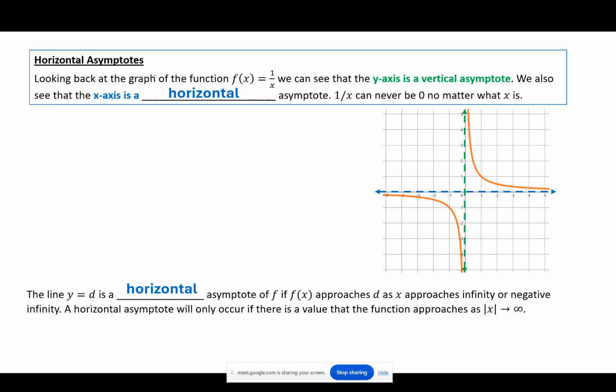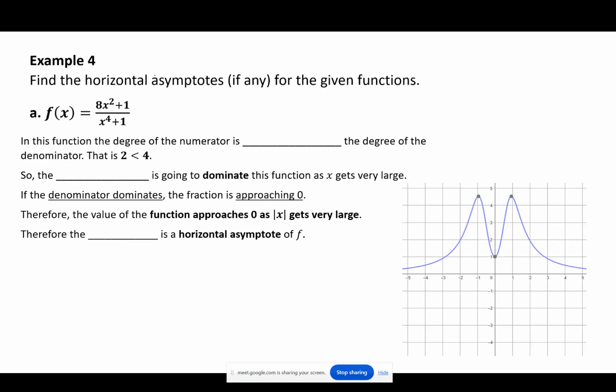But I can say that the function will always end up approaching the horizontal asymptote as x goes to infinity or -infinity, and you'll see that when we do an example. So there are 3 different situations for finding horizontal asymptotes. So we're going to look at the different kinds of functions where you can find a horizontal asymptote.